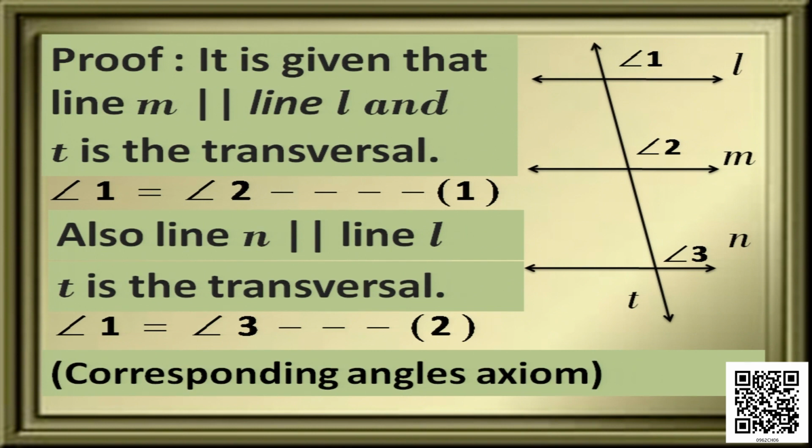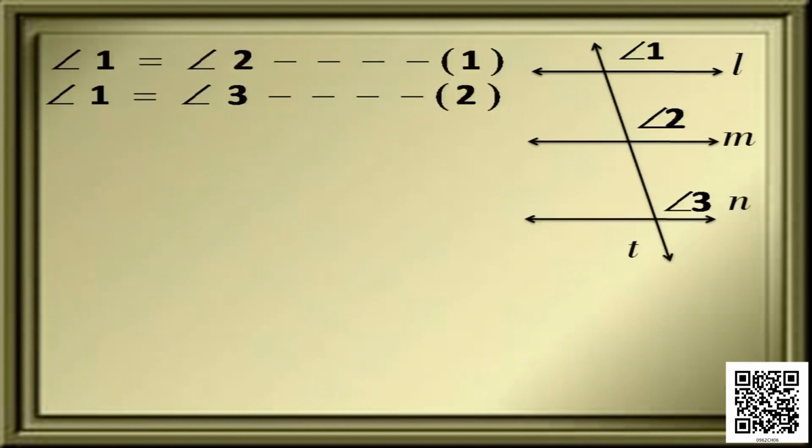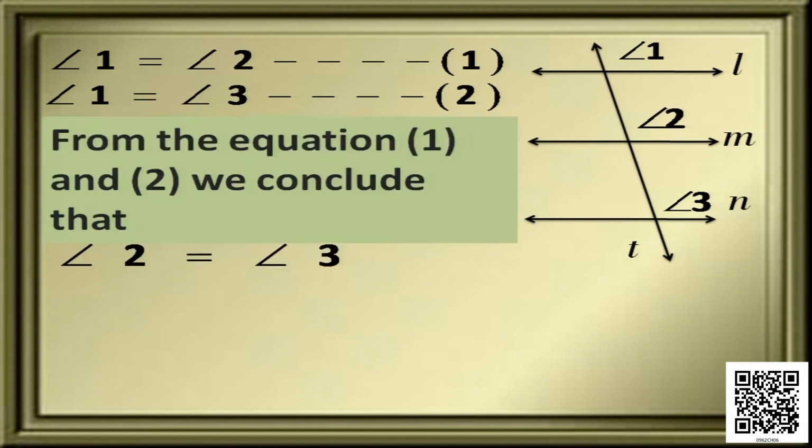So we have now two equations: equation 1 shows that angle 1 is equal to angle 2, and equation 2 shows that angle 1 is equal to angle 3. So from these two equations we conclude that angle 2 is equal to angle 3. Now look at the figure. What are the angles 2 and 3?